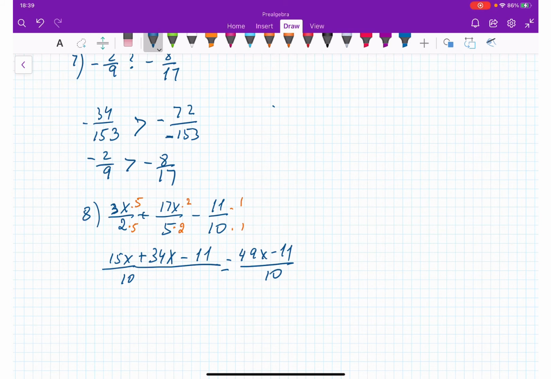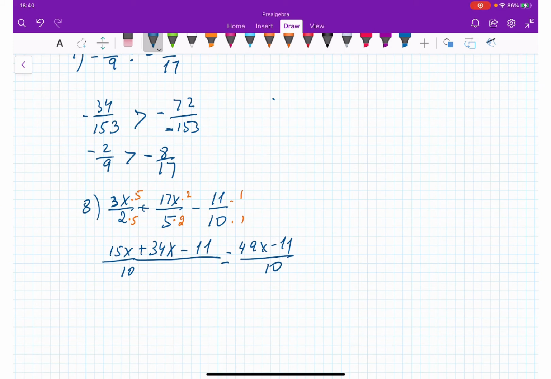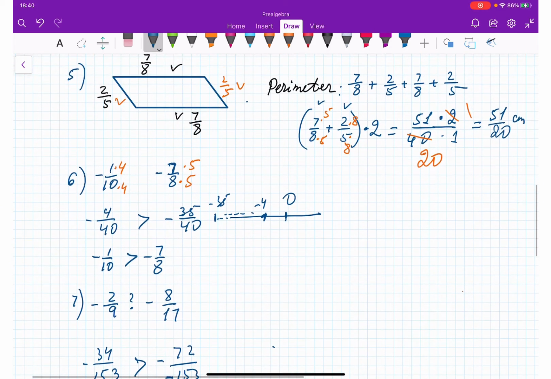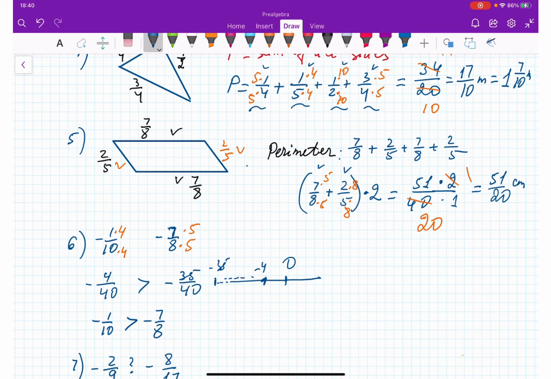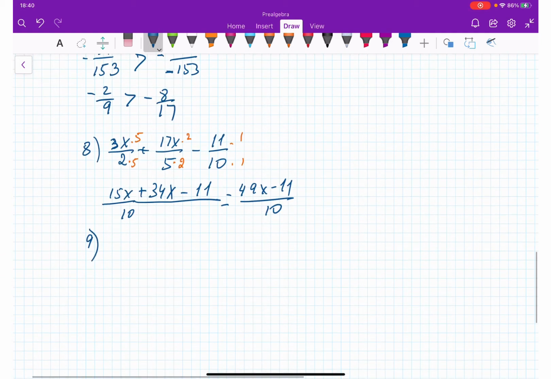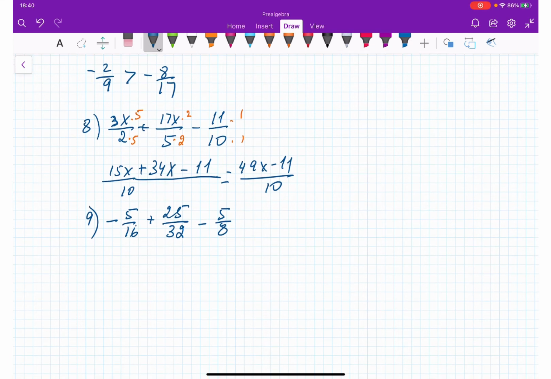Number 9. Negative 5 over 16 plus 25 over 32 minus 5 over 8. So 16, 32, and 8. The common denominator is going to be 32, right?